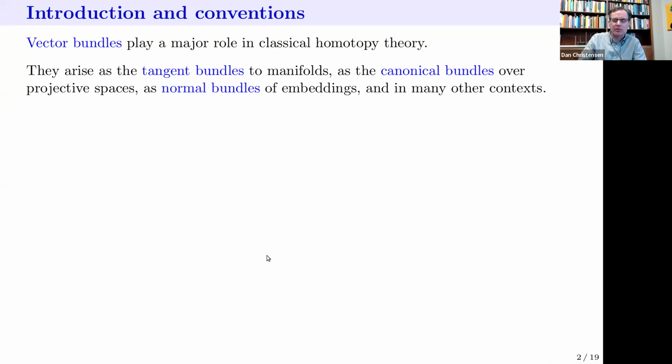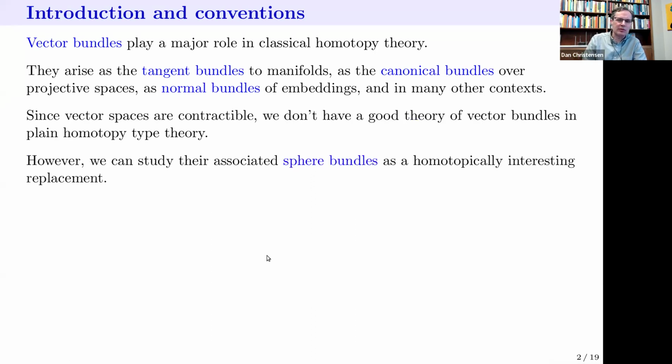Now, in homotopy type theory, a vector space is contractible. So if I'm just using plain homotopy type theory, which is what I am doing, we don't have a good theory of vector bundles if we try to just work directly with the idea of a vector space. But what we can do is instead look at the associated sphere bundle of a vector bundle. So there's 2 ways you could think about this.